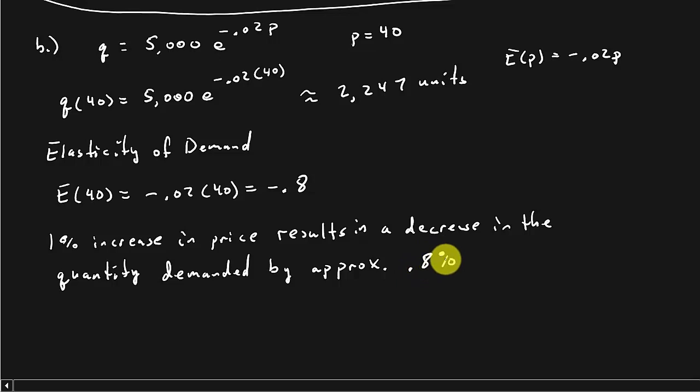So a 1% increase in price will give us a 0.8% decrease in demand. That's because we got the negative 0.8 here.